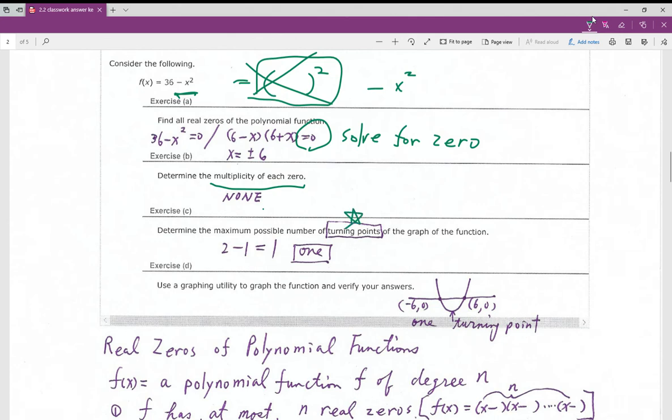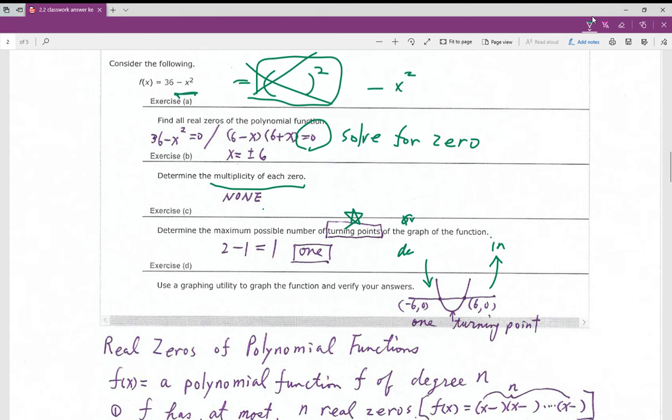Next, we want to talk about what the turning point means. Turning point means when your graph tries to turn from going down and become going up, decrease to increase, or increase to decrease.